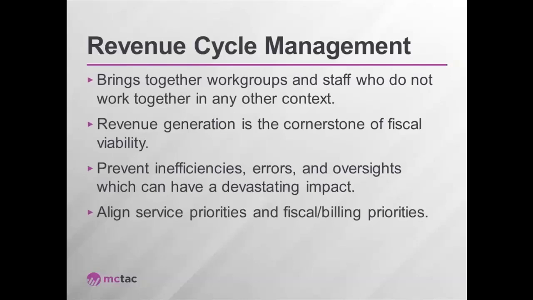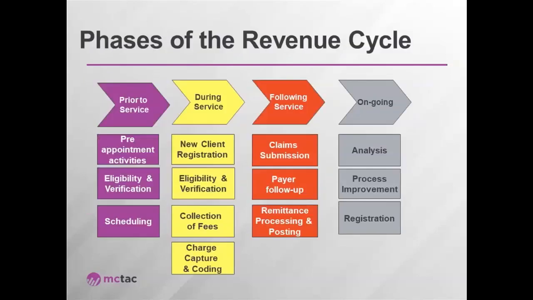And if there are things that are getting stuck or not getting paid that you're aware of, you move towards fixing those, whether it's inefficiencies or errors or some other issues that might be identified. And again, you want to align the service part with your fiscal and billing priorities and move in the same direction.